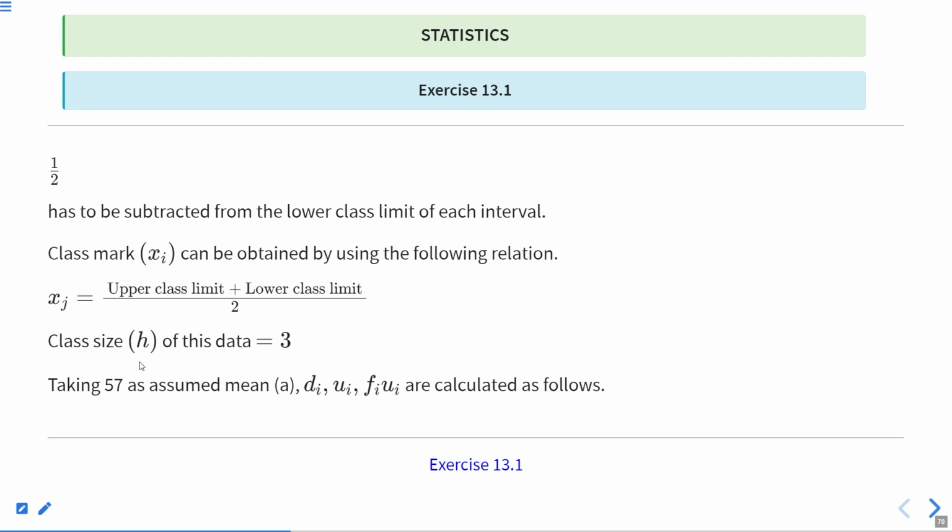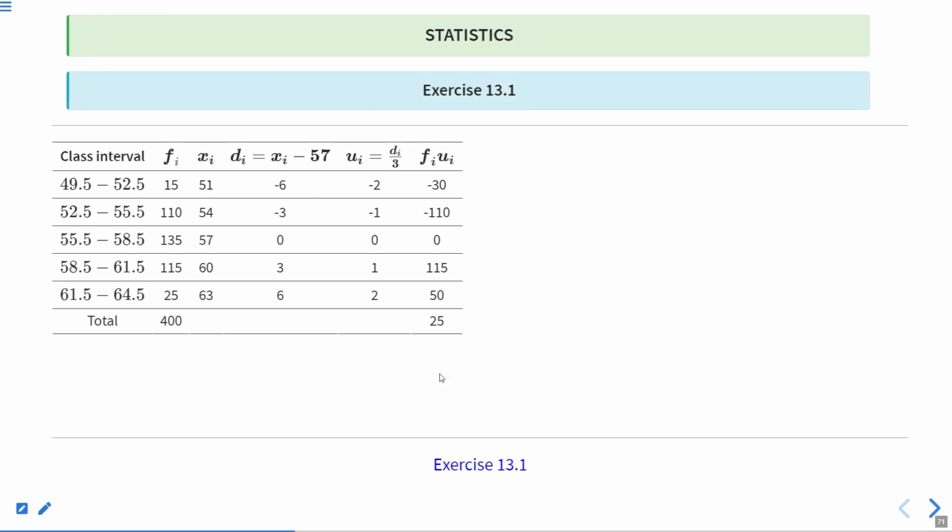And class size h of this data is 3, and we take 57 as the assumed mean a. Then di, ui and fi ui are calculated as follows.